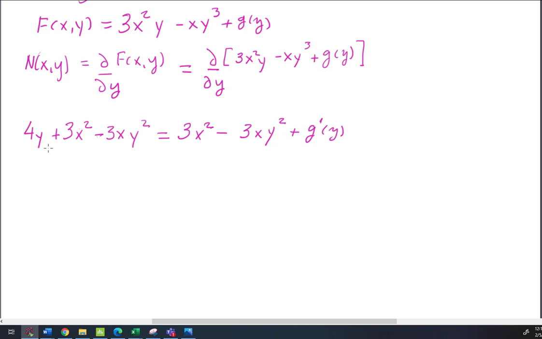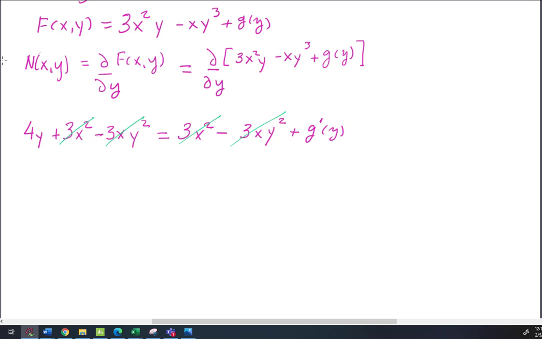So this is a differential equation. Now we can clean that up a little bit. Here's a 3x squared on the left and a 3x squared on the right, and a negative 3xy squared, negative 3xy squared. And so those will strike out.